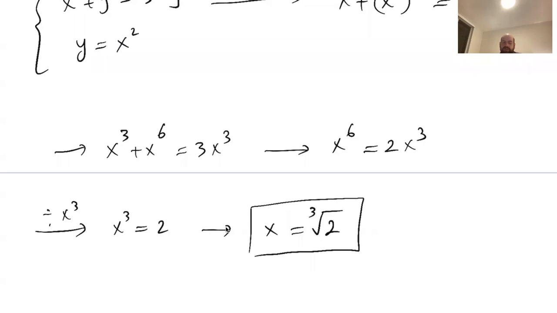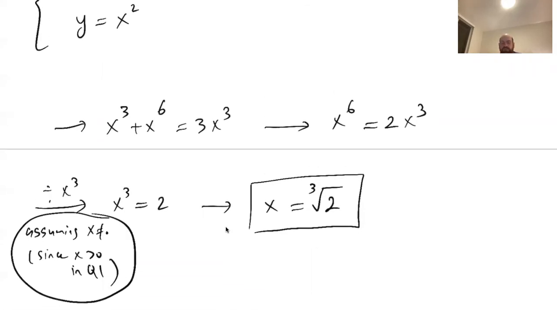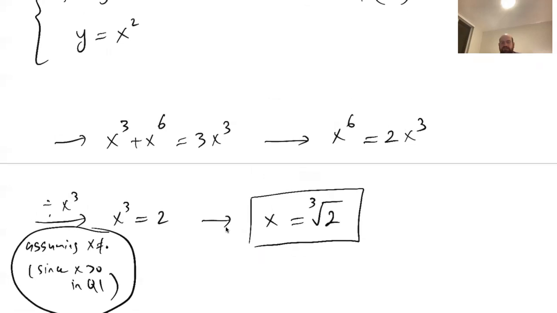Here it said that the point is in the first quadrant, so we could assume that x is positive and therefore non-zero. So assuming x is not equal to 0, we could divide by x cubed, and then x cubed is equal to 2, therefore x is equal to cube root 2.